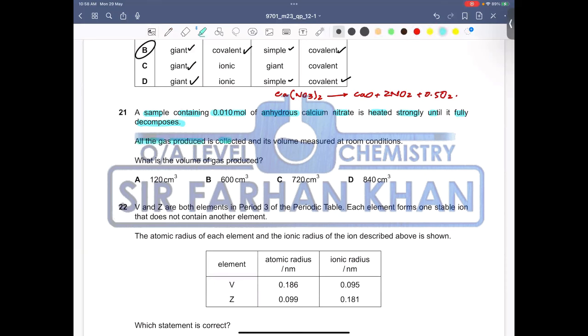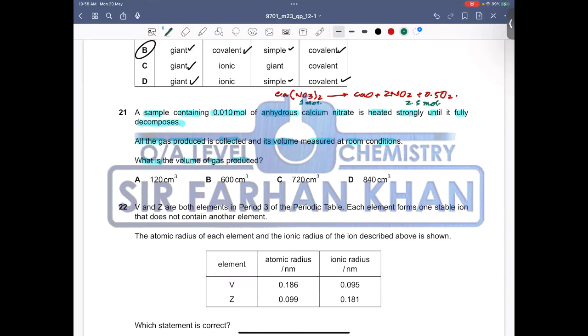All the gas produced is collected and its volume measured at room conditions. What is the volume of gas produced? We have 2 different gases here, so we need to find out the volume of both the gases. So first of all, guys, it is 1 mole and it has 2.5 moles of gas in total.